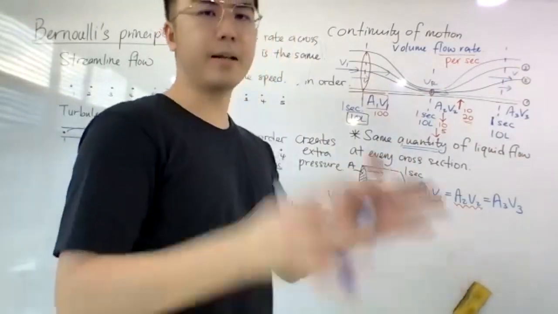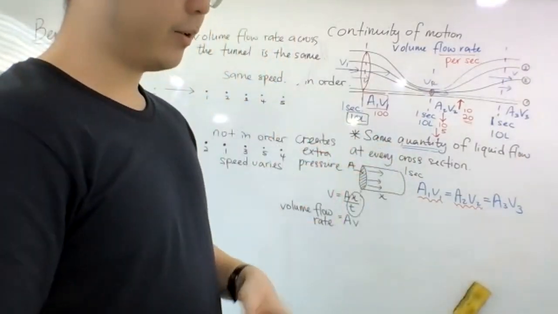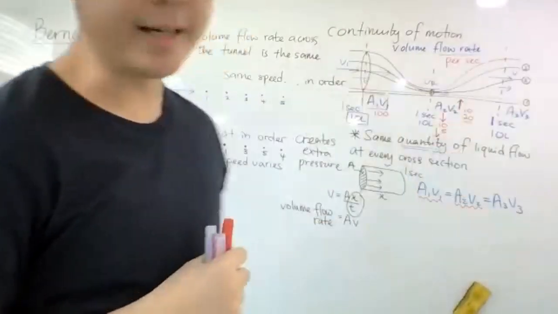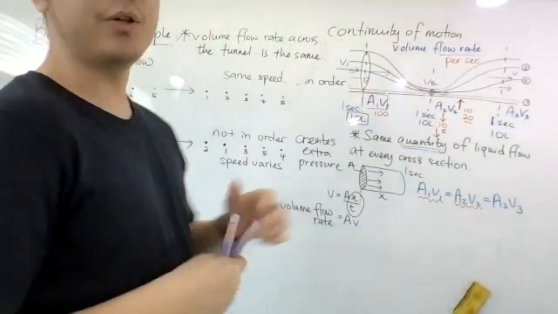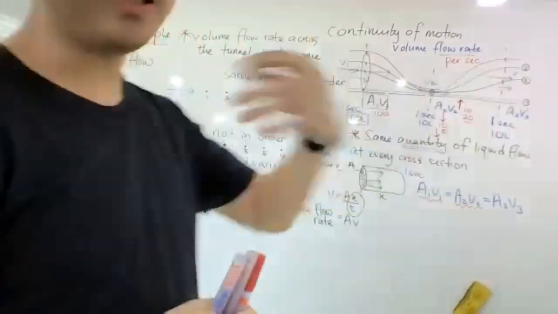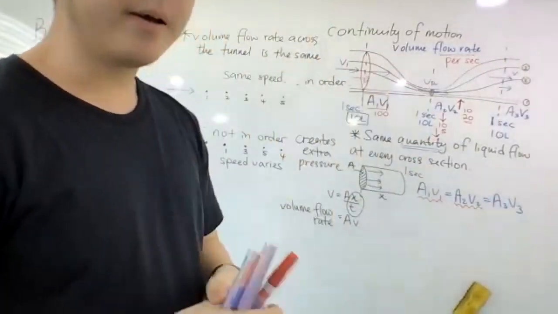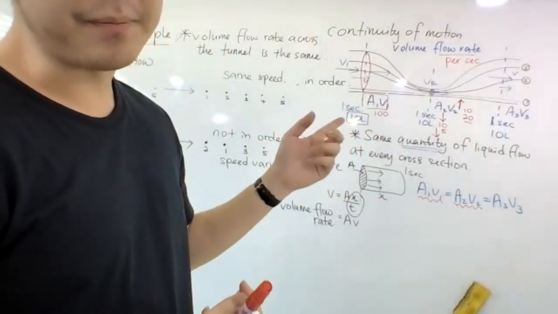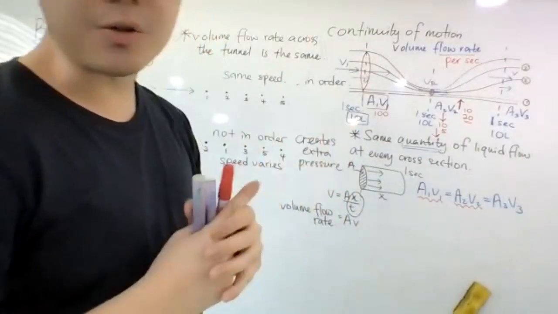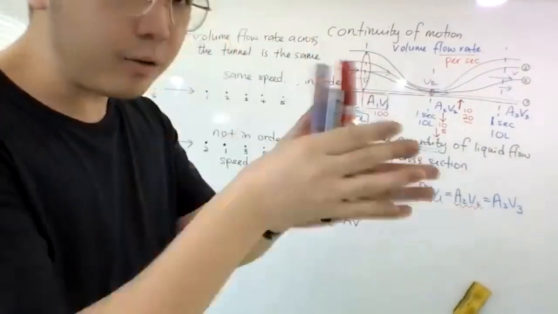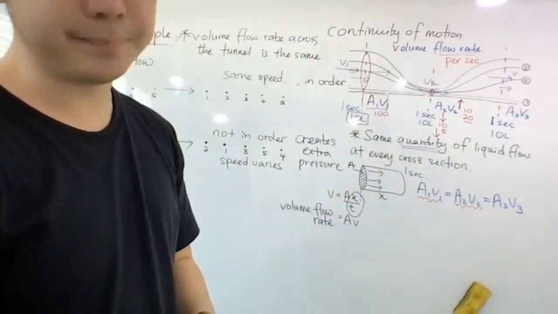Ever stand in a hallway and feel like it's very windy? The air is also a fluid, right? Not only water, air is also a fluid. So air also flows faster in a narrow hallway.